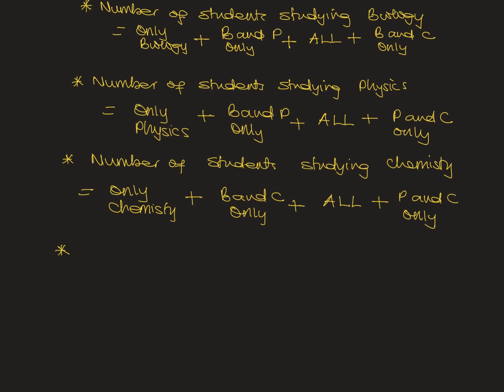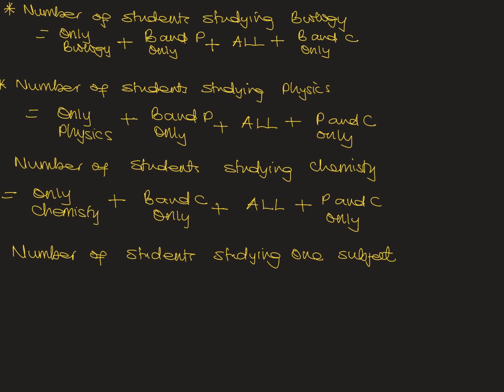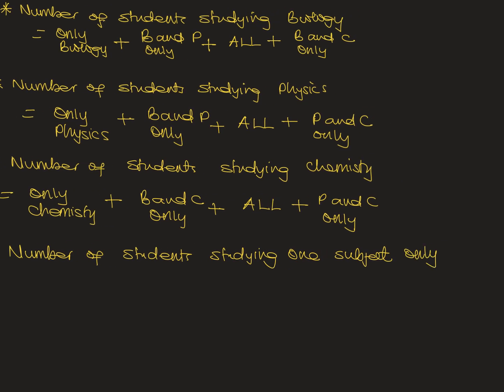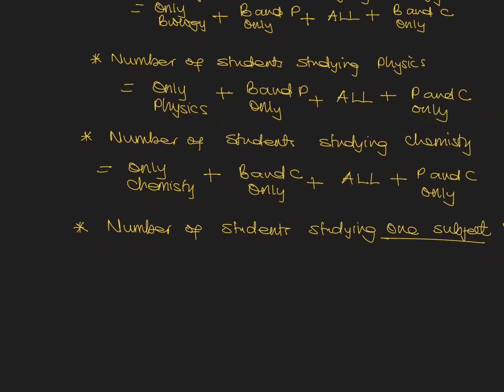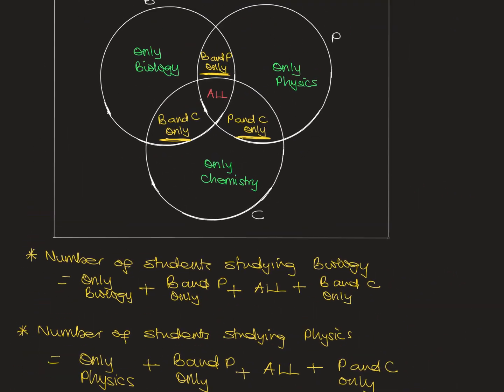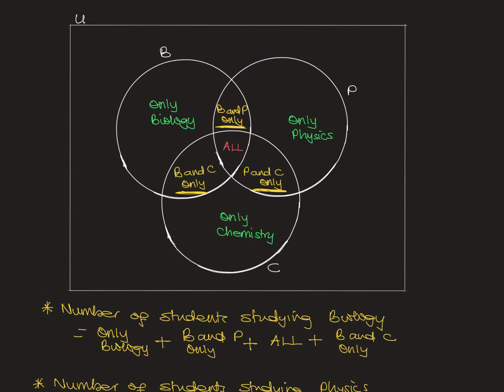The question may ask you number of students studying one subject only. So those students studying only one subject will be those studying only biology, plus those studying only physics, plus those studying only chemistry.